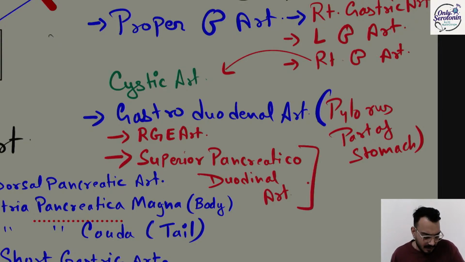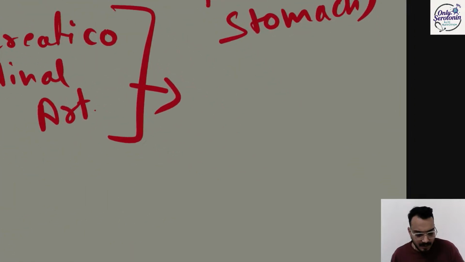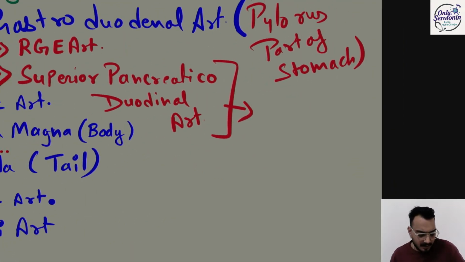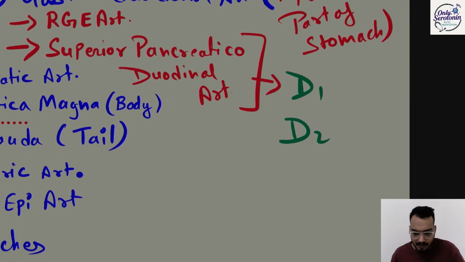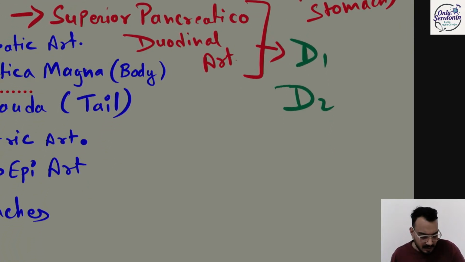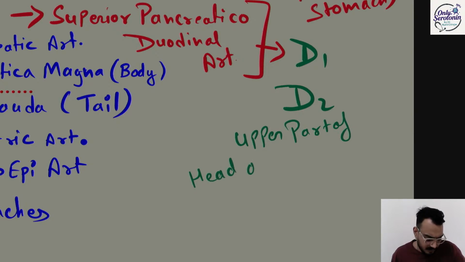This superior pancreaticoduodenal artery is going to supply where? It is going to supply to D1. It is going to supply to D2, as well as it is going to supply my upper part of head of pancreas. Done, guys?